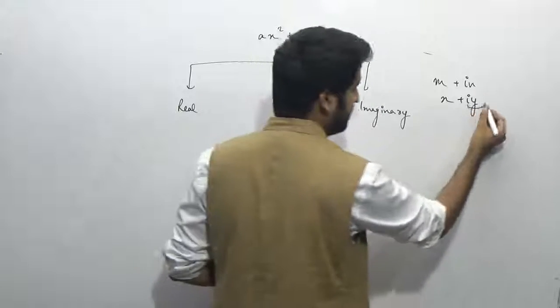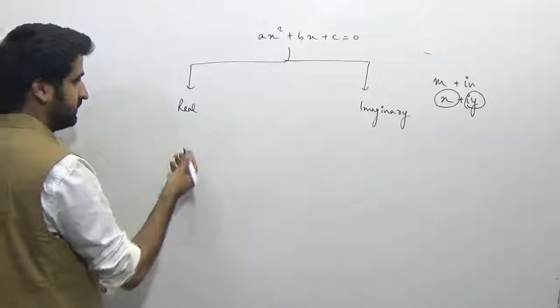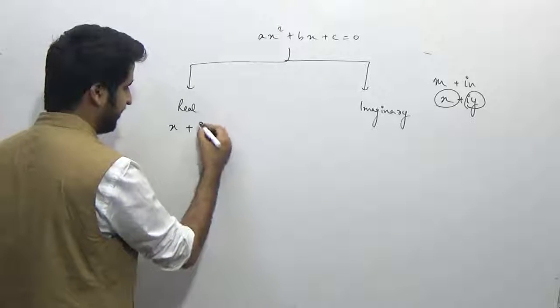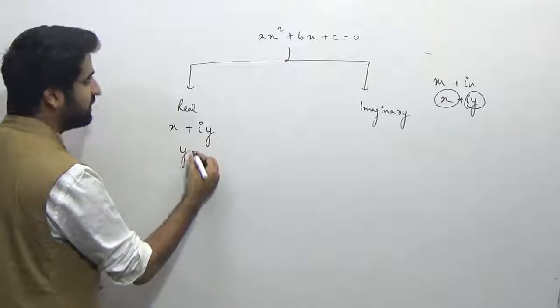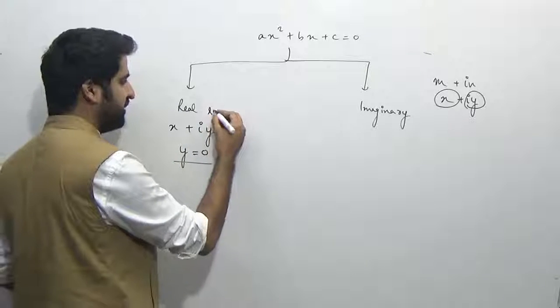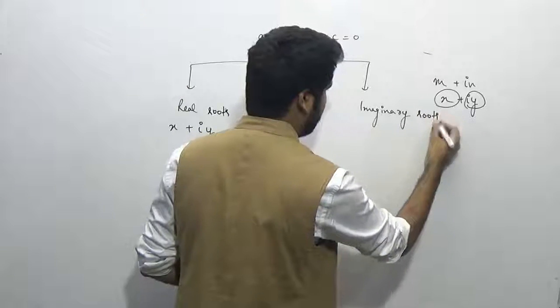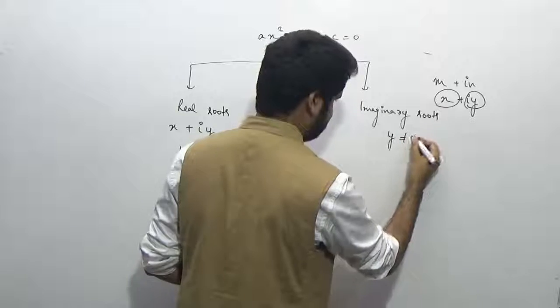Now this will be the imaginary part and this will be the real part. For the case of real roots, I will have x plus iota y and the value of y will always be equal to 0. In case of imaginary roots, the value of y is not equal to 0.